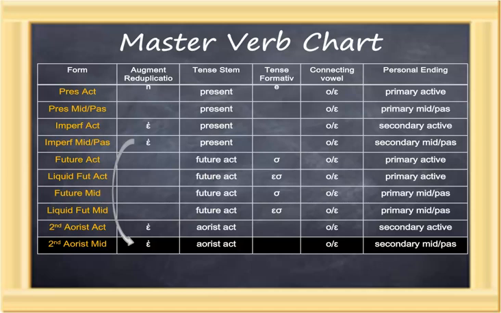As with the second aorist active, the second aorist middle is essentially identical to the imperfect middle passive. The key difference is that the form is built on the aorist stem, not the present stem, and the form is only middle. It is not passive.